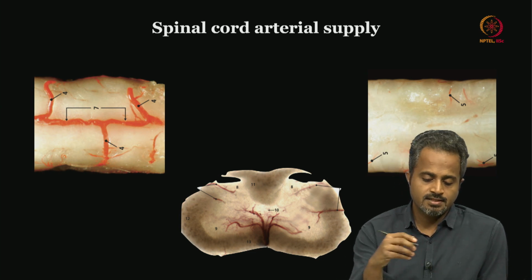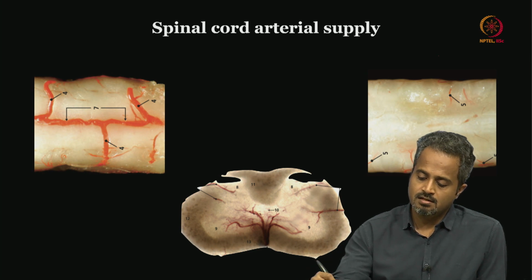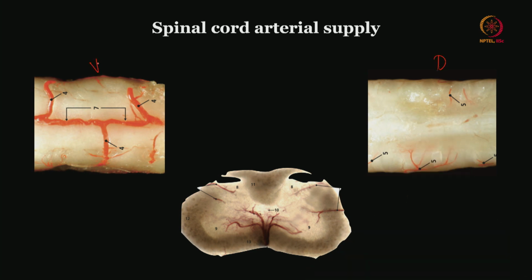Okay. So as I said, this is the dorsum, this is the ventral, and this is the cross section. Cross section obviously is taken that way, and then you have the vascularity shown here.